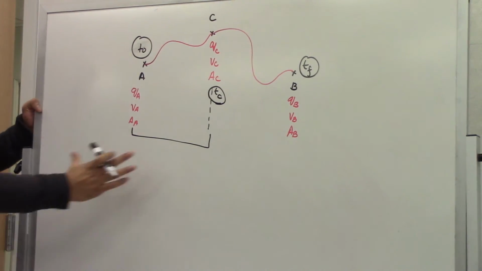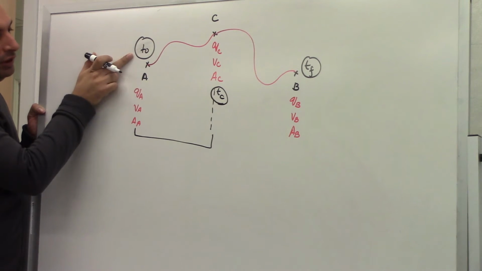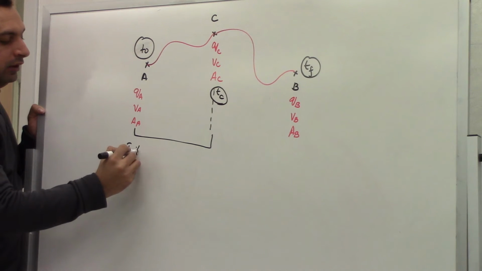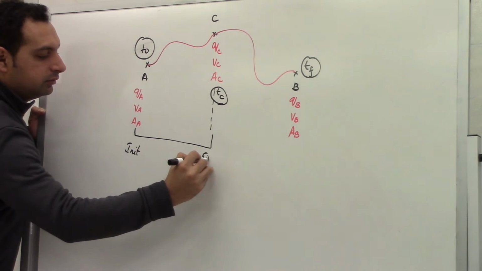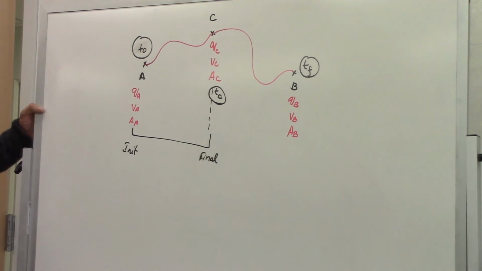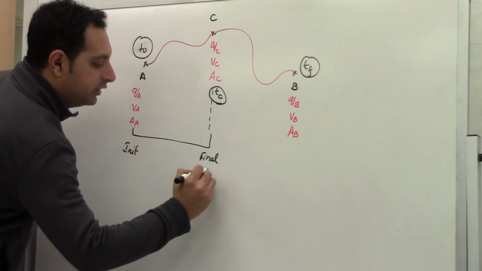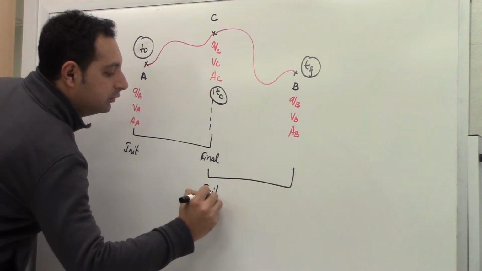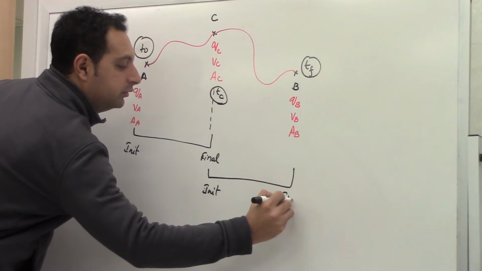Okay, so in the first trajectory, your starting time is T0, stopping time is this. This is your initial condition, and this will be your final condition. Okay, when you do the second trajectory, which is from here to here, this will become the initial condition, and this will be your final condition.